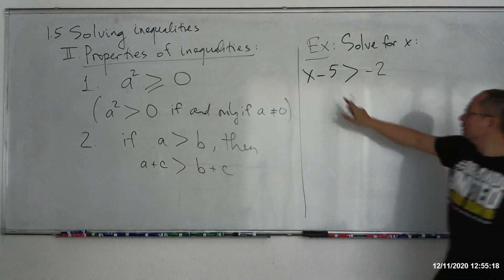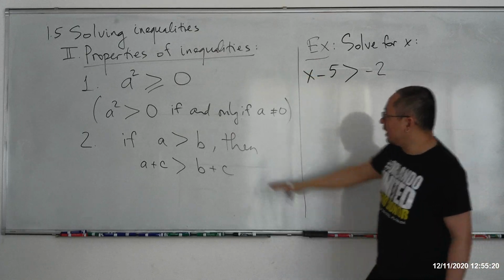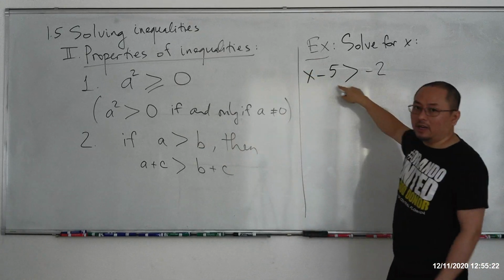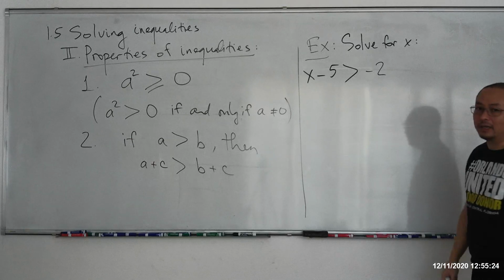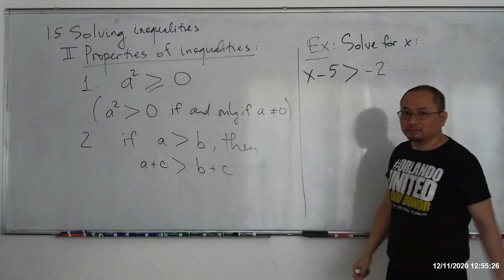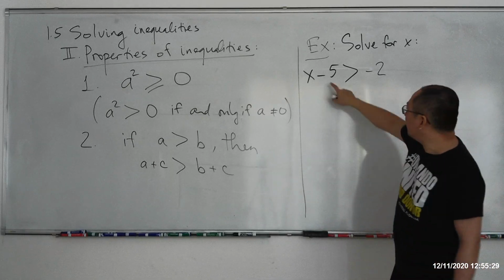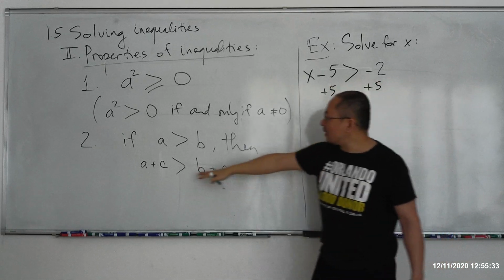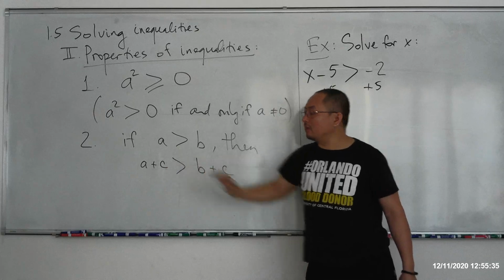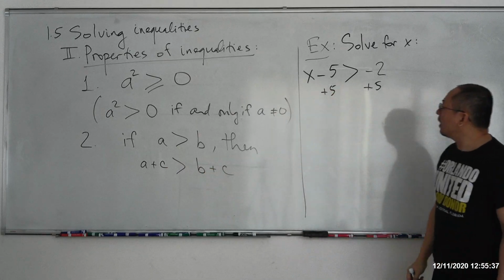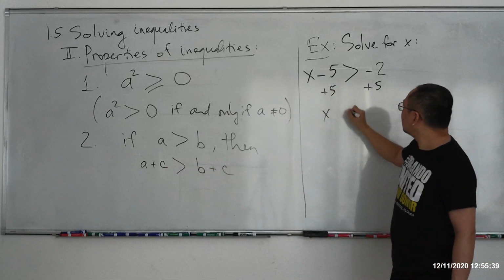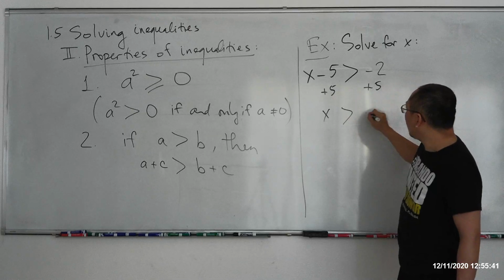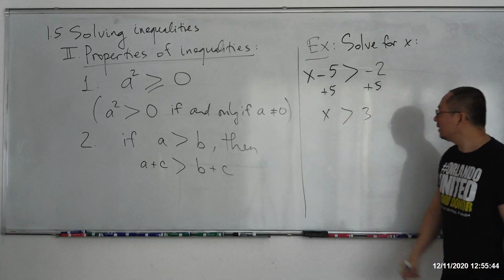Okay, and you see that you have an inequality, right? Something on the left is bigger than something on the right. Now you want to solve this, kind of adding the 5 on both sides, right? Cancel out the 5, right? So add 5 on both sides. And this probably says what? Whenever you add the same amount on both sides, the inequality stays the same. So what? X is greater than negative 2 plus 5, which is 3. Okay? So you have the answer.